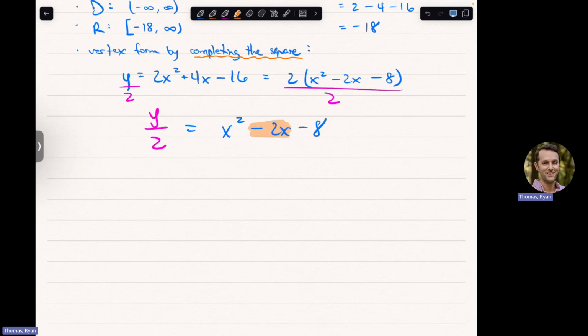Middle term is negative 2x. Splitting that in half would be negative 1x twice, right? Negative 2 divided by 2 is negative 1. So there you go. That's breaking that in half.